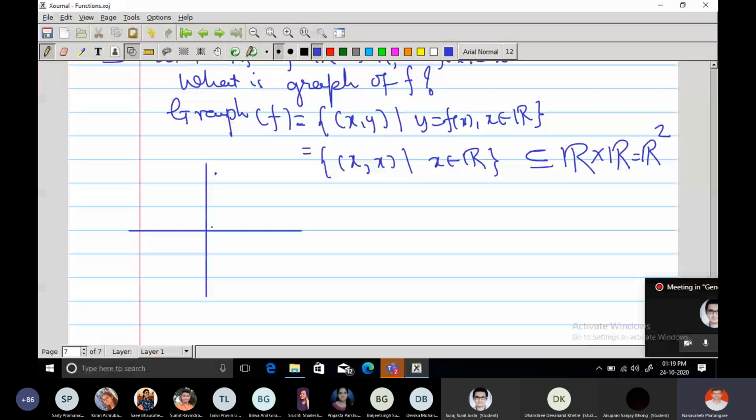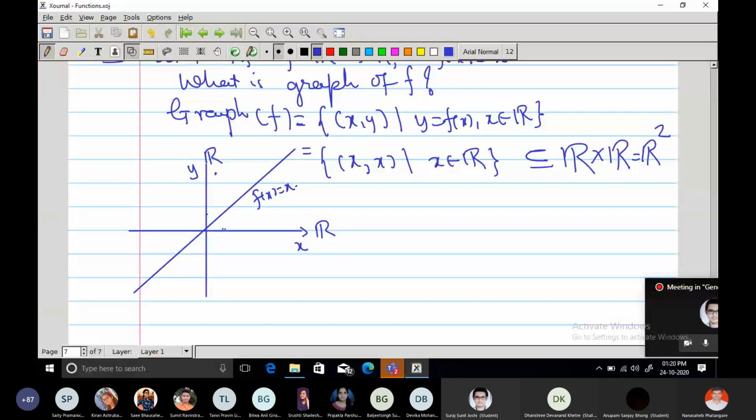If you move on the x-axis, this is your first set, the domain, and this is your second, the codomain. In the case of real valued functions, we call the first component the x-axis and the second component, the y value, the y-axis. The same distance you have to move on the x and y axis, so it is a line passing through the origin. So this is the graph of f(x) = x.